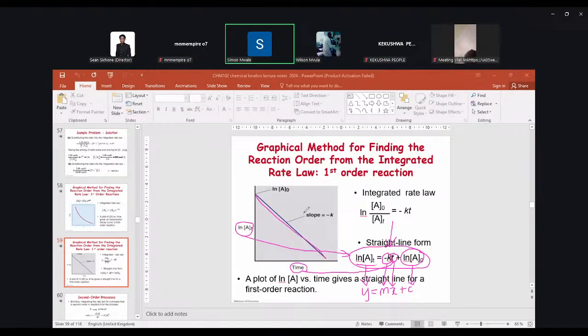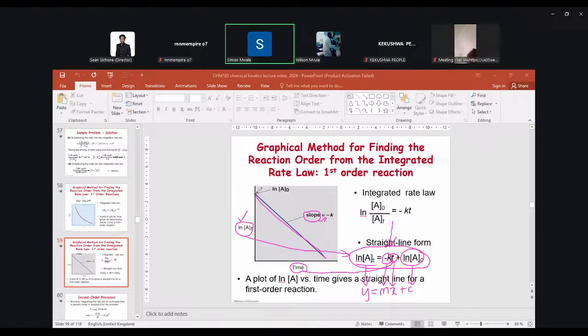You can see the k here has a negative value. So if I have data for the natural log of concentration at time t, and I have data for time, I can plot a graph similar to what you are seeing on the screen. The slope of the line, the gradient of the line, will be equal to minus k. This is how you find the rate constant using the graph.